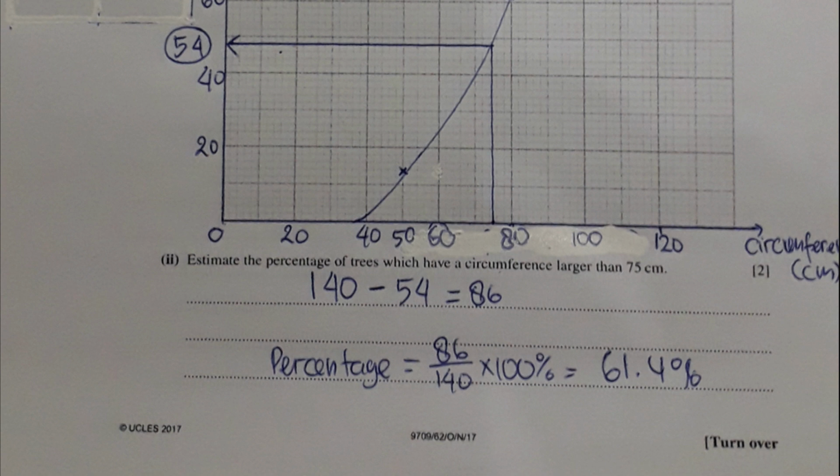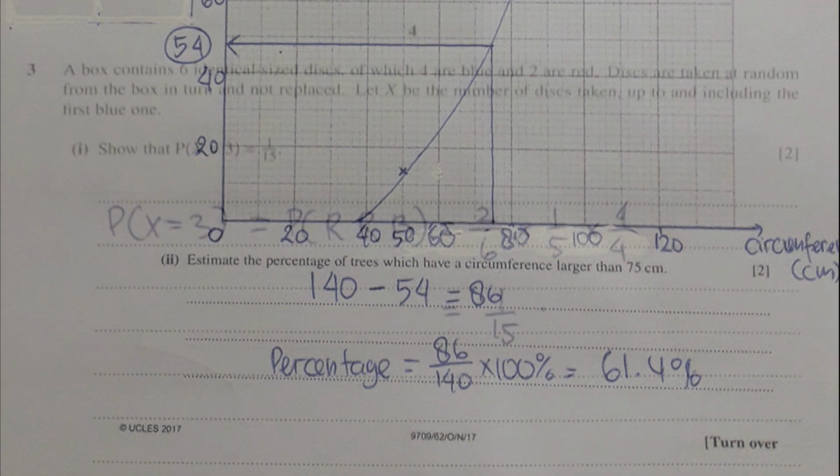So, those having circumference more than 75 is 140 minus 54, which is equal to 86. The percentage is 86 divided by 140 times 100%, which is 61.4%.